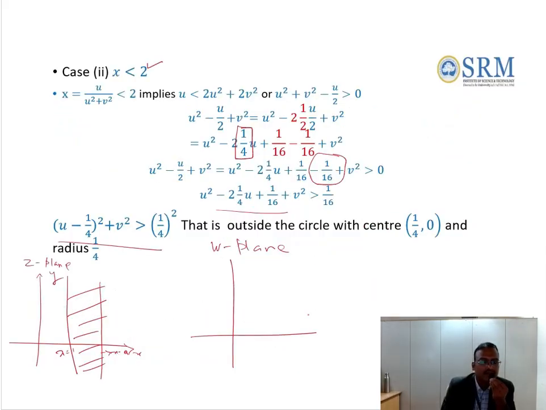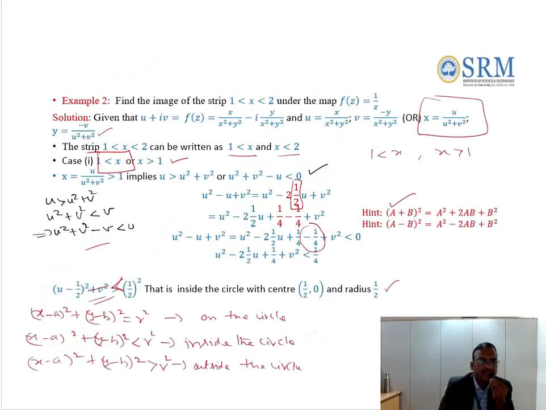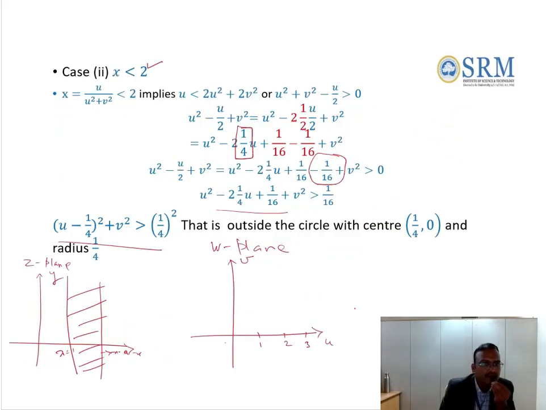Inside the circle with the center, this is your u axis and this is your v axis, and this is 1, this is 2, this is 3 and this is 0, right? So what it says, inside the circle with the center 1 by 2 and radius 1 by 2. Let me elongate this, otherwise it is very difficult to draw this.